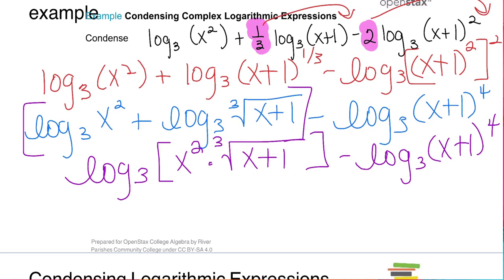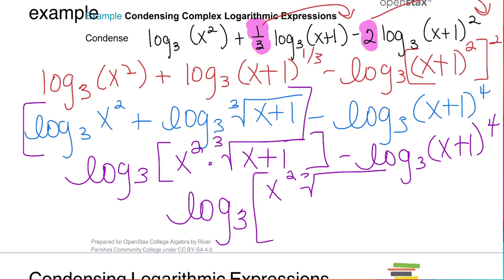Okay, so next we have subtraction, so we'll write that as a quotient. So this would be one log base 3 of x squared times the cube root of x plus 1 over x plus 1 to the 4th, like that.